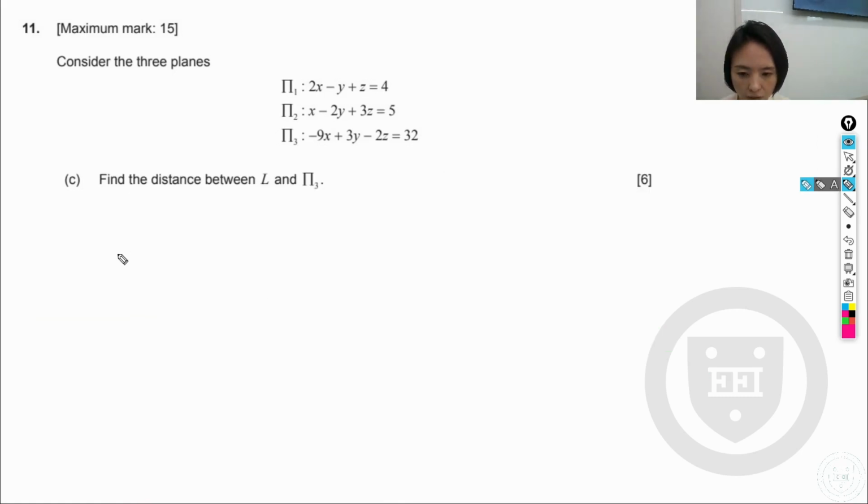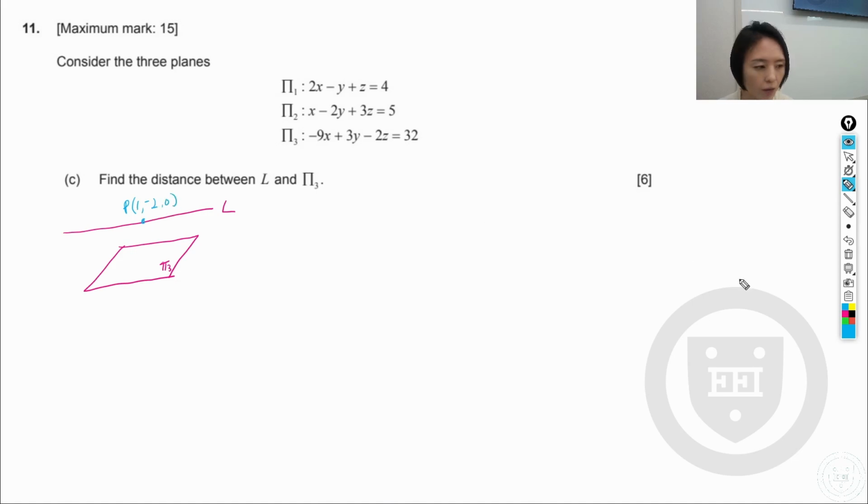So start C by drawing pi3. This is pi3, and that's L, which was given in part B. The point P lies on L, which is (1, negative 2, 0). And we want the distance between L and pi3.